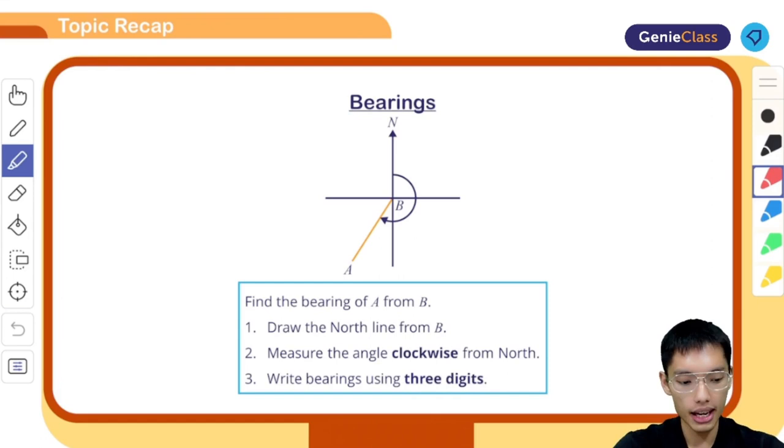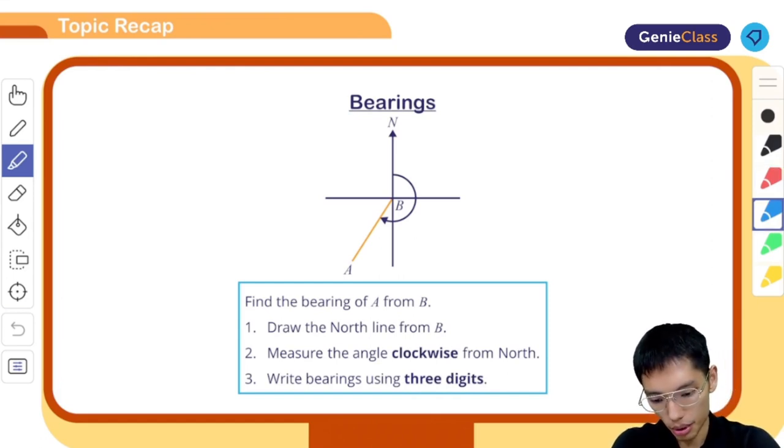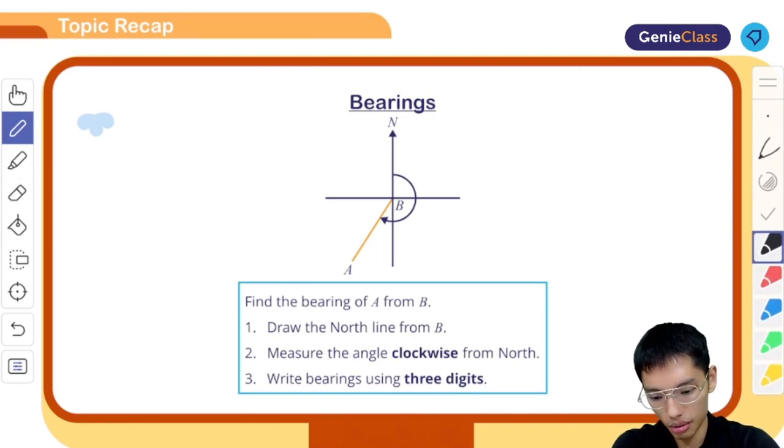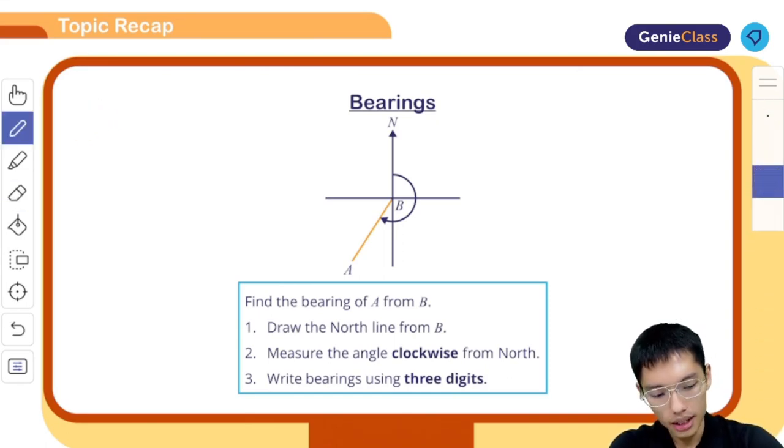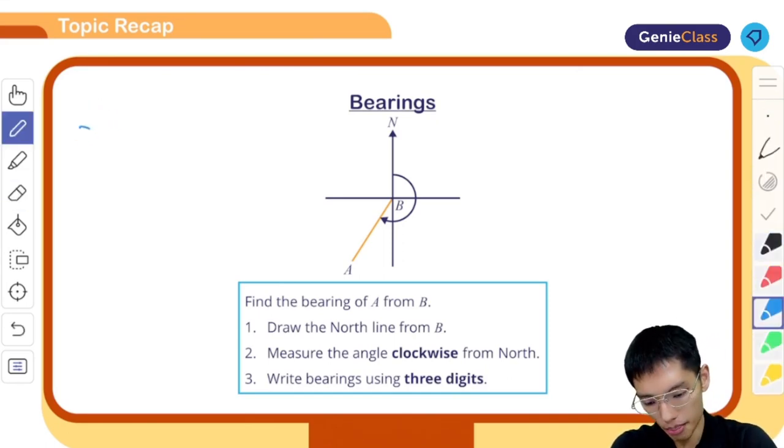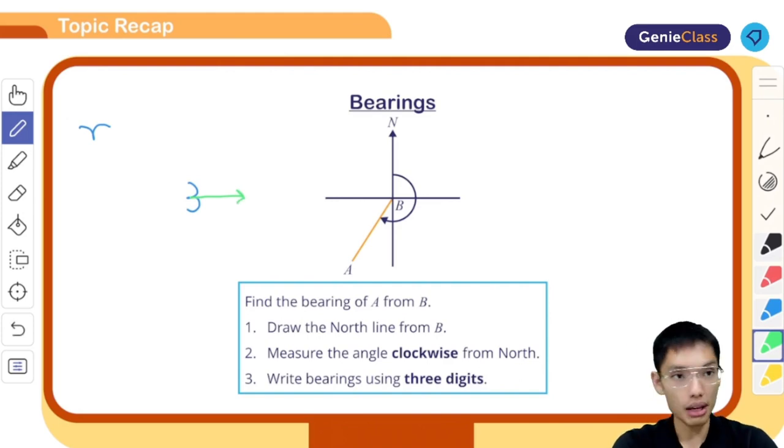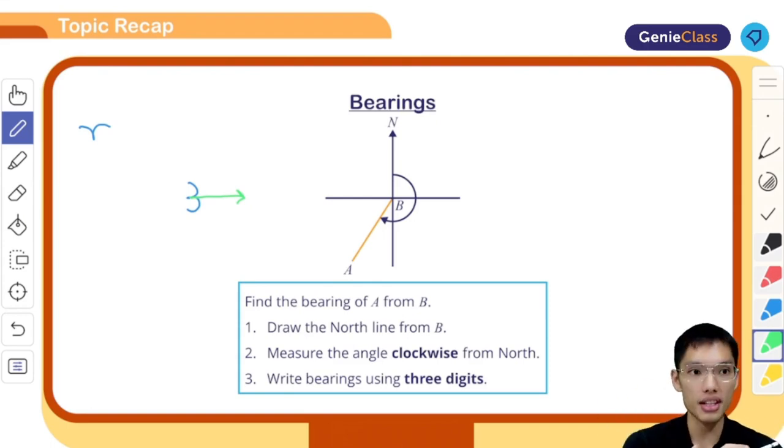So for example, let's say, very simple, a plane. Suppose I have a bird. It's not a very nice looking bird. Some people may assume, okay, the bird flies over here, so it orientates over here, so therefore my bearing should start from here. No, because this is an assumption that the bird is oriented that way.